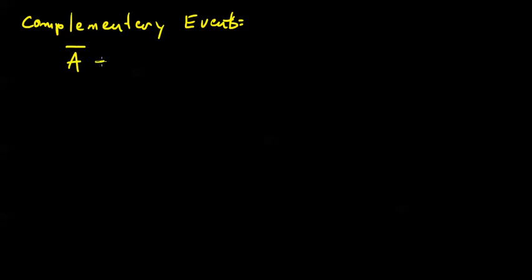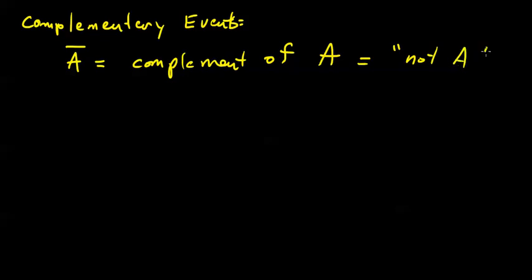What about complementary events? Well, again, not A is the complement of A, and typically referred to just in simple language as not A. Some books say it's the complement of A a little more formally.